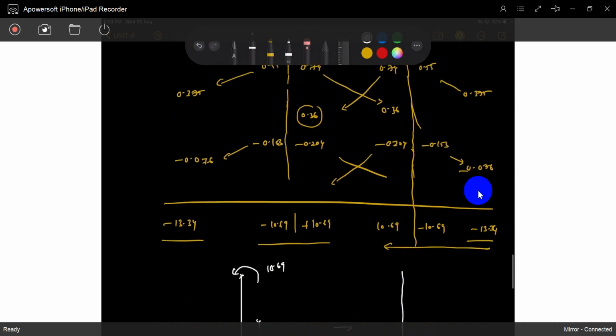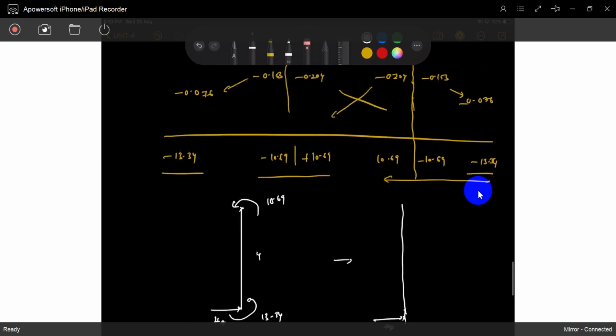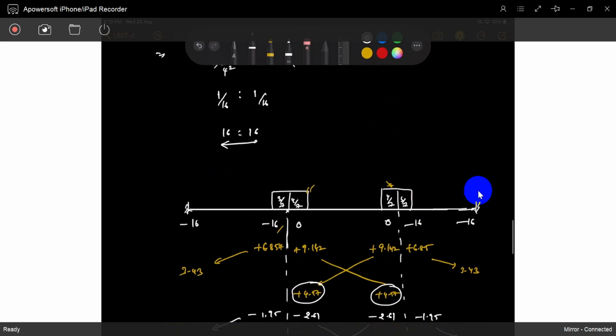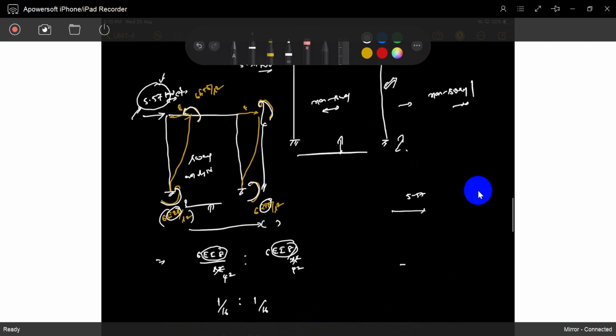It's a 12. In reality, what is that? In reality it is 5.57. Understood? 5.57. So in reality, HA plus HD should be equal to minus 0.57. See the direction.